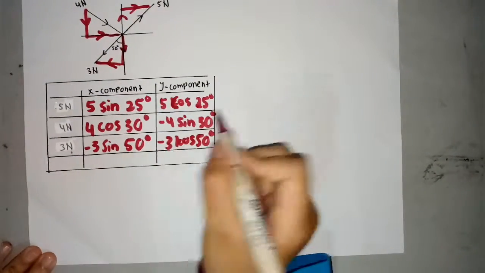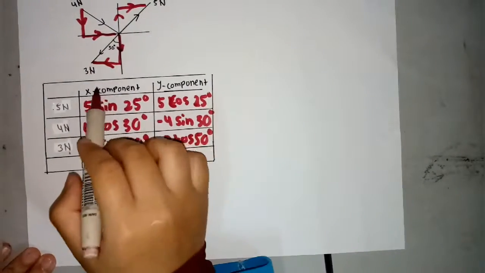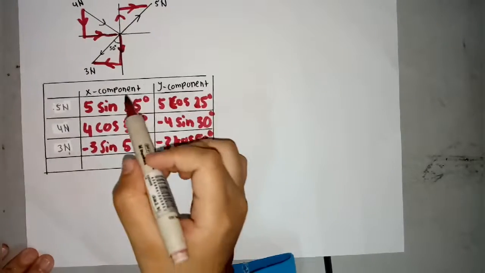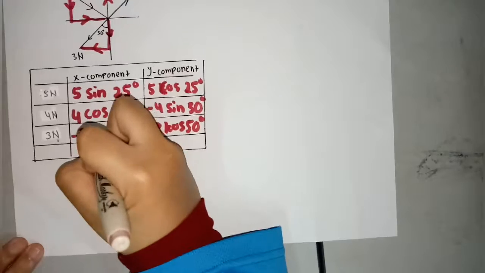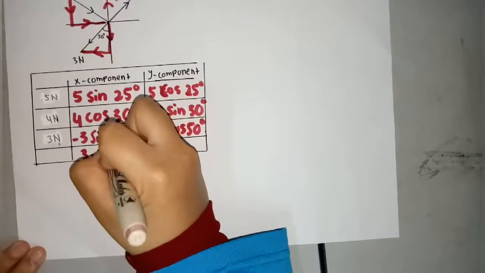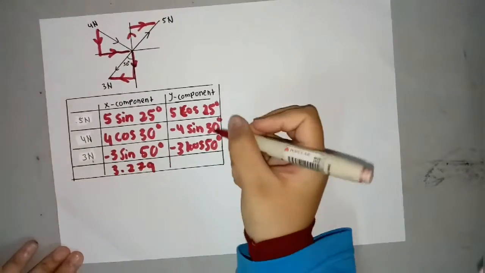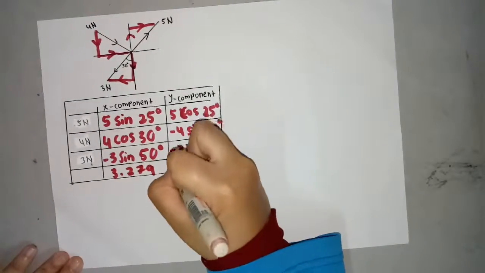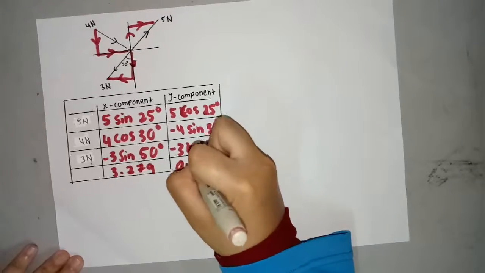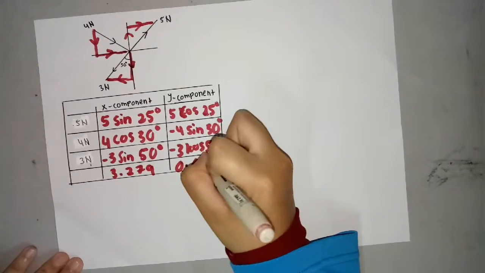So that's why negative. Okay, so the total of x component is 3.279, and the total of y component is 0.608.